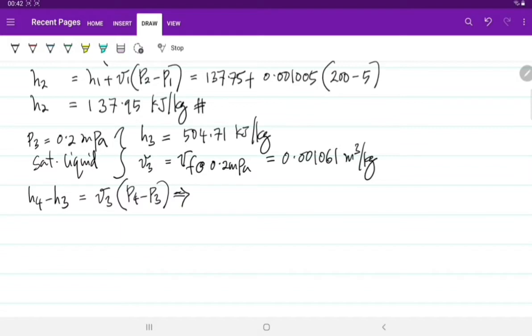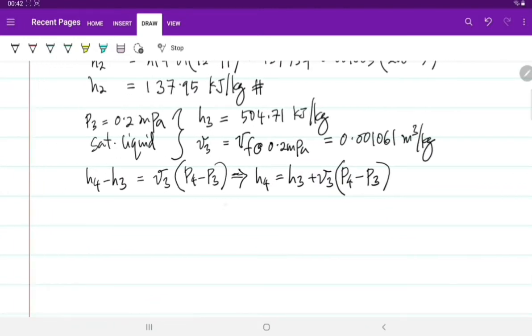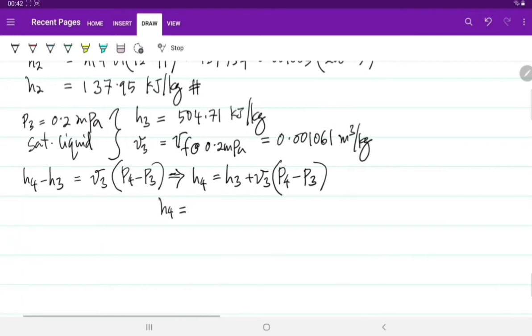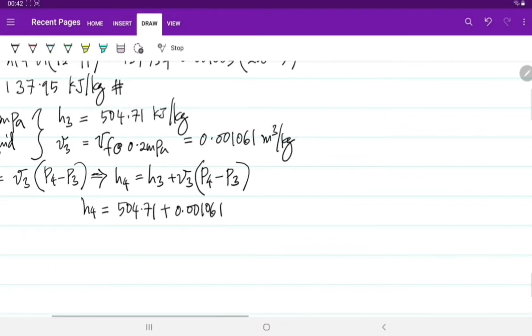So from here we can have H4 equals H3 plus V3 times P4 minus P3. So our H4 would be H3, 504.71, plus 0.001061 multiplied by P4 minus P3.